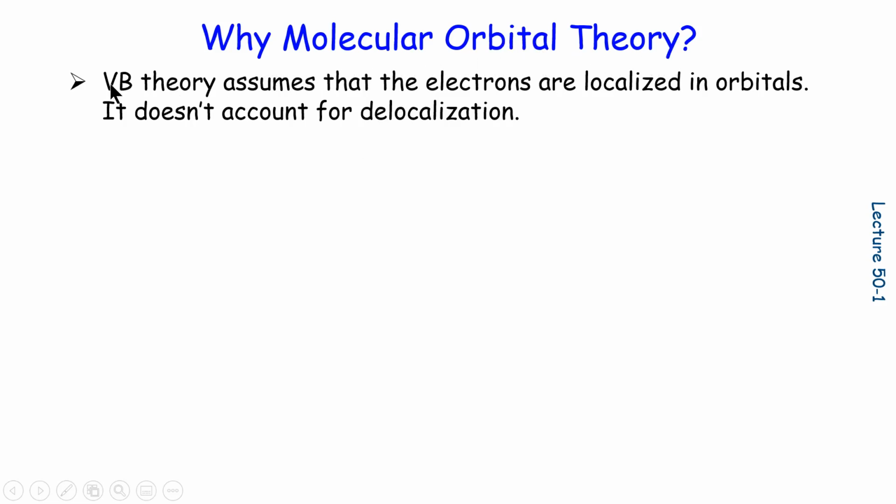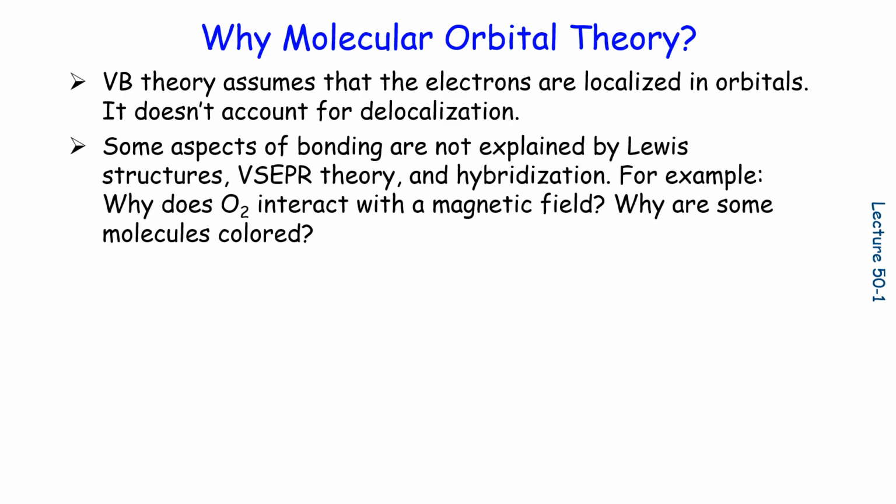You say the valence bond theory is pretty good, but the problem is some aspects of the bonding cannot be explained by the valence bond theory or by Lewis structures, valence shell electron pair repulsion theory, as well as hybridization.